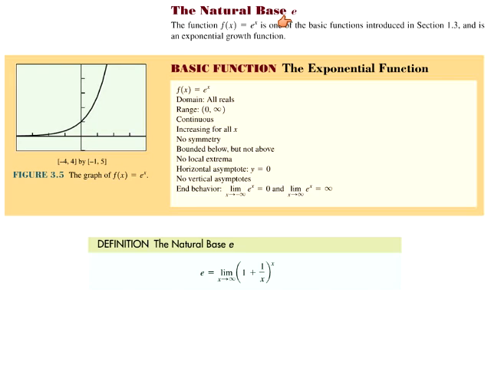The most basic parent function is just having the exponent of the x in there. That doesn't mean that transformations can't occur to this graph. So there it is. You can see it on my screen as well.